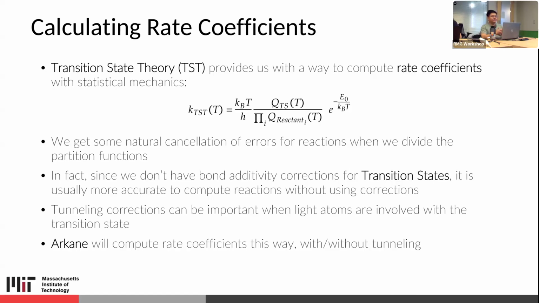So it's usually more accurate to not use such corrections for reactions. We can also include tunneling corrections, and Arkane will report rate coefficients with and without tunneling when you ask it to compute your rate coefficients. So it can account for that.